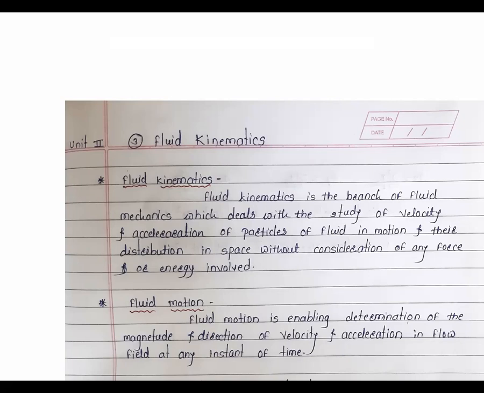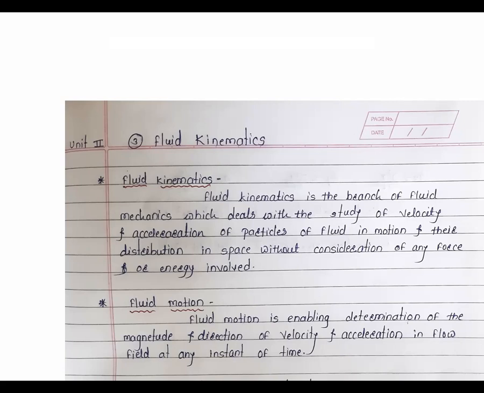It is important to know the many types of streamline, streak line, path line, stream tube, rotational, non-rotational, compressible, non-compressible. Then the most important point is the continuity equation, which is based on the conservation of mass.